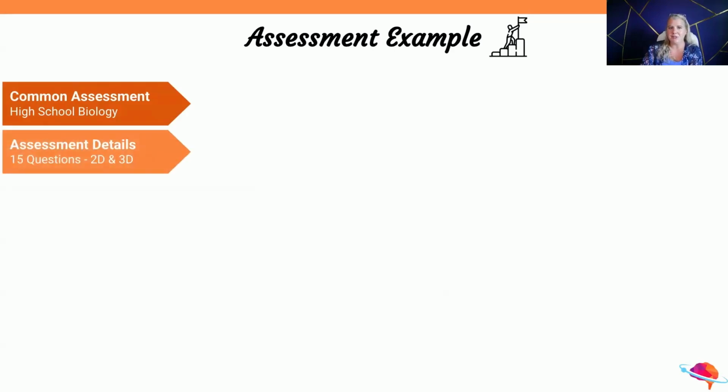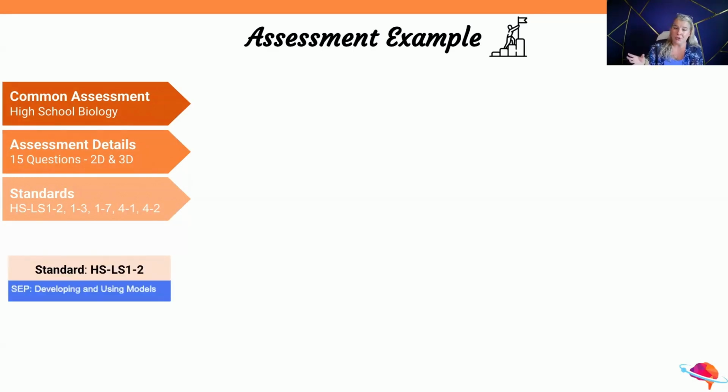It was 15 questions, 2D and 3D. The standards they chose to focus on to assess this biology curriculum were HS-LS1-2, LS1-7, and LS4-1, all high school, all life science. They picked standards from LS1 and LS4 because that was the information that had been taught by that mid-year point.